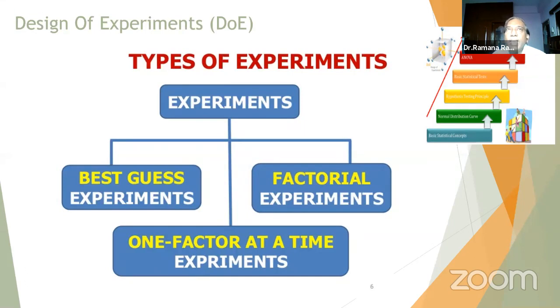For example, say you have a three-factor experiment. Say you are building a car with speed, fuel consumption, and horsepower, or say wind speed, four. When you are taking these four parameters, you keep speed constant and vary the remaining three, or vary the remaining two, and see what is the best performance.